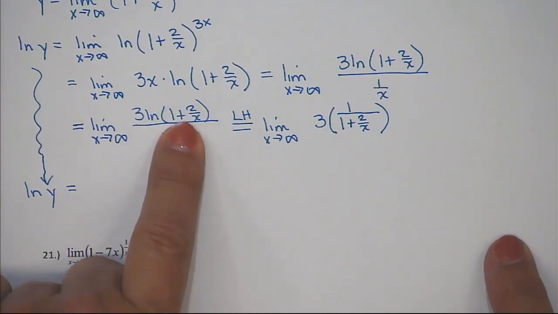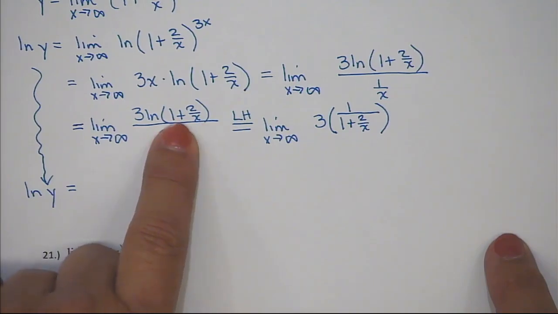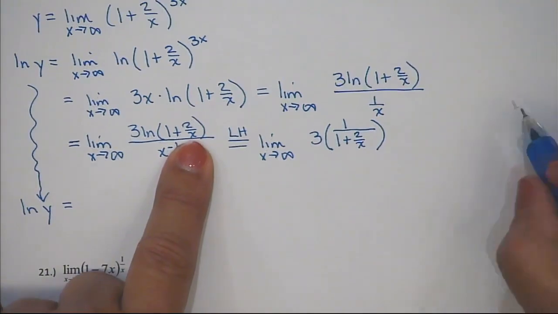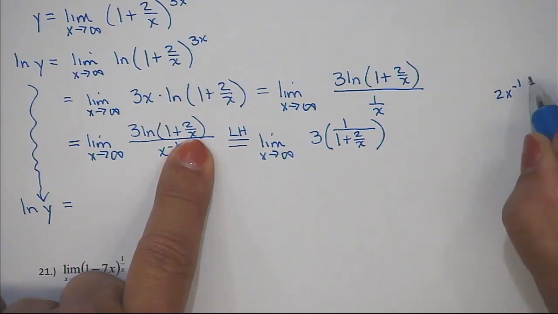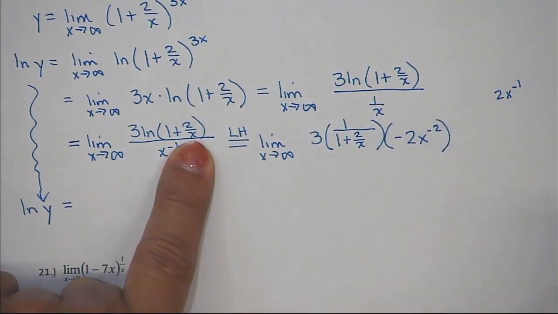So what is the derivative of the inside? Negative 2x to the negative 2. Okay, think about that. Derivative of 1 is 0, but this is 2x to the negative 1, right? So what is the derivative of 2x to the negative 1? That's negative 2x to the negative 2. All right, don't forget that.